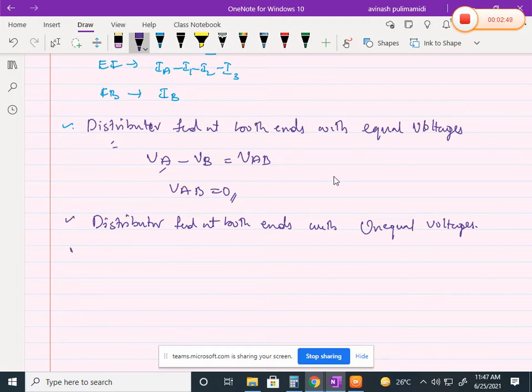Then VA minus VB is nothing but the voltage drops in AC plus CD plus DE plus EF, okay, plus FB.